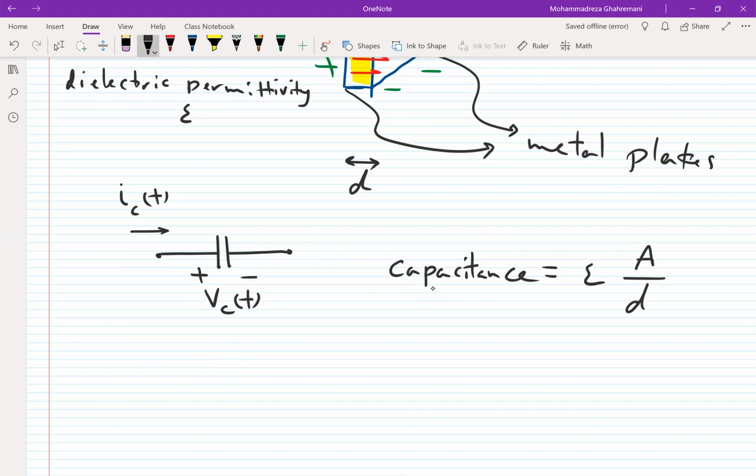The unit for capacitance is farad, and we show it with F.